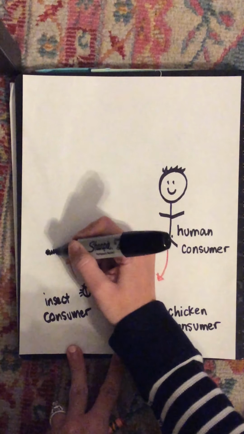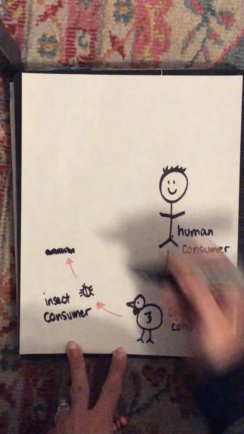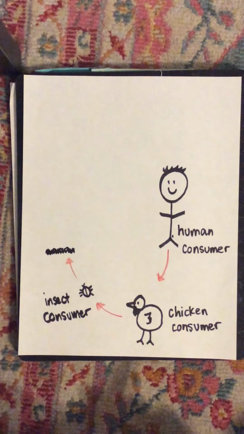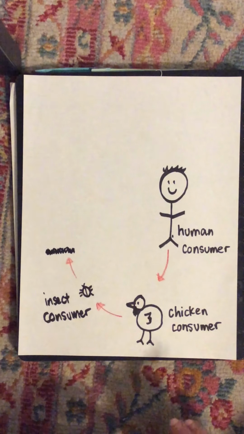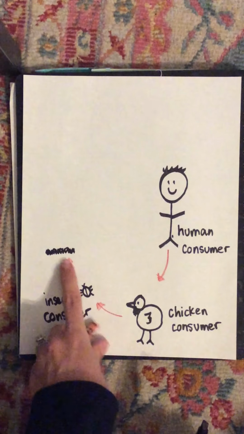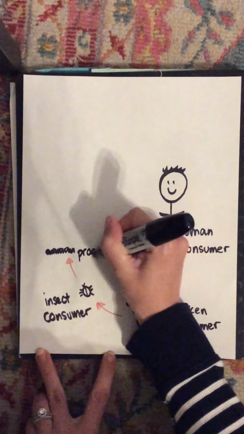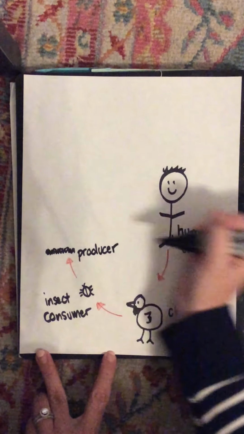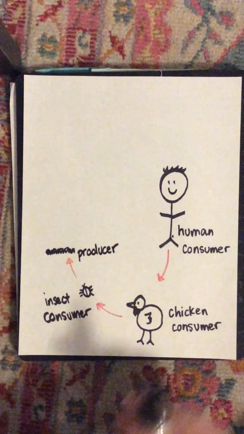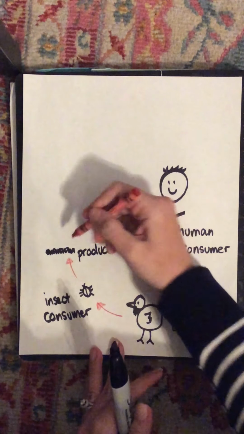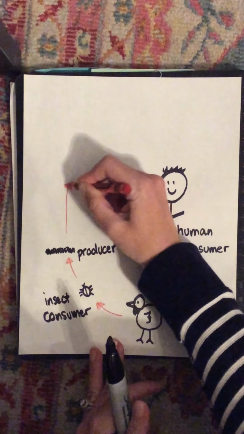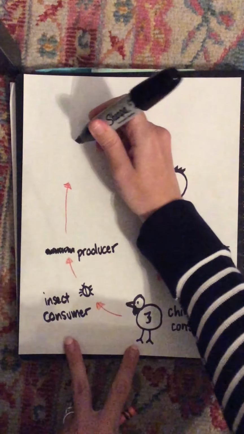Probably something like grass, maybe some leaves of some flowers, something like that. So again, we ask ourselves, does this grass eat other things, or is it able to produce its own food? You're right, it's a producer. It produces its own food using the energy from the sun.